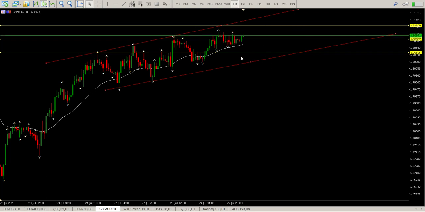Okay, so I'm looking for a decent pullback, and pretty much you're going to be taking profit within this channel for now. Okay, so we're slap bang in the middle of the channel, so you want to see a bit of a deeper pullback before looking at that. But in the same breath, I have this bit of structure forming here. Okay, which basically means I have a potential measured move here of that.